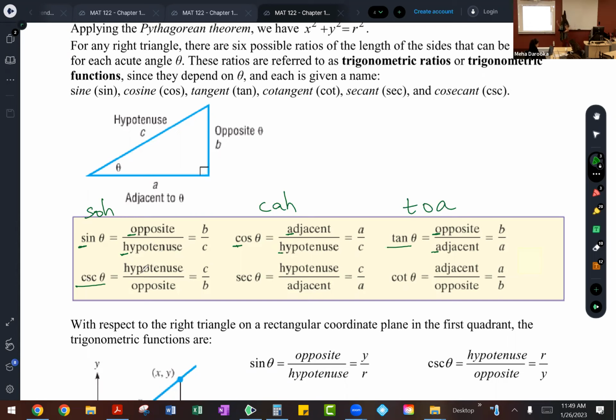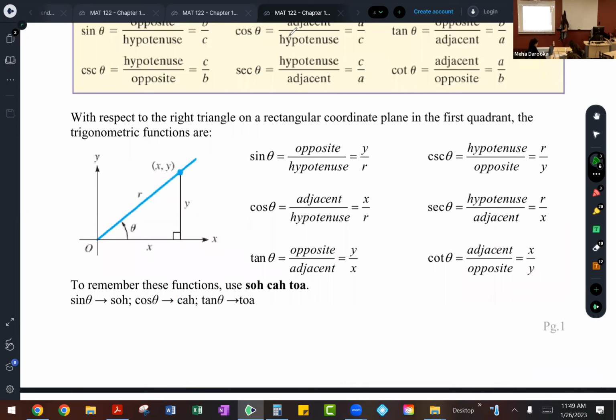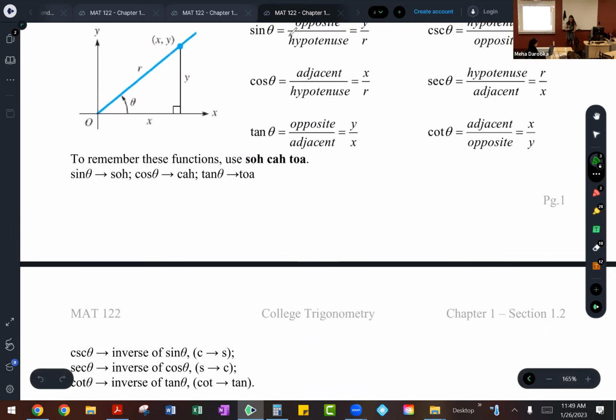Secant would be hypotenuse over adjacent, and then, of course, cotangent is adjacent over opposite. There's not really anything to help you remember, but if you can remember the 3 main functions, then just reverse those, and you get your reciprocal functions.